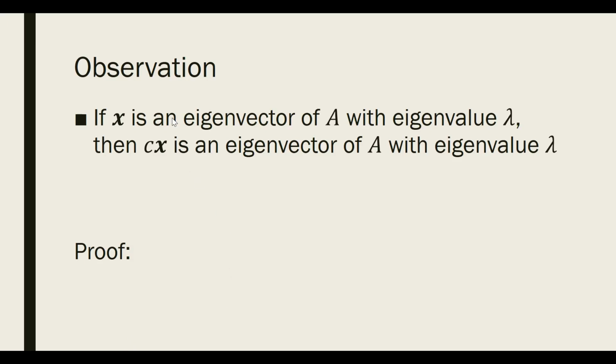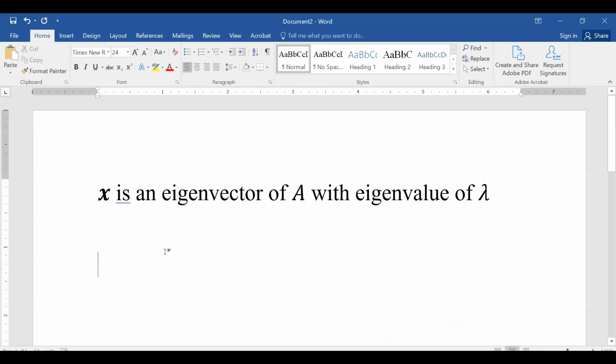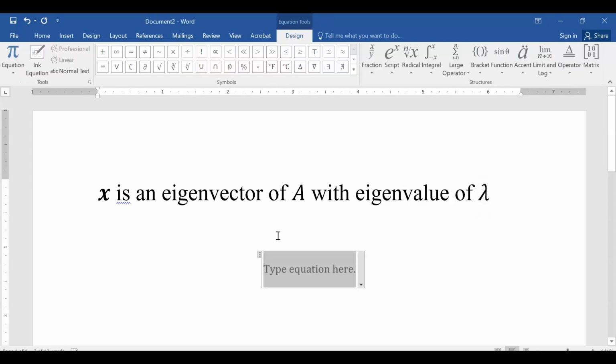We start with the if part. We're going to start by assuming that x is an eigenvector of A with eigenvalue of lambda. What that means is that A multiplied times vector x is equal to lambda times vector x. Okay, these are going to be vectors, so I'll make those bold.